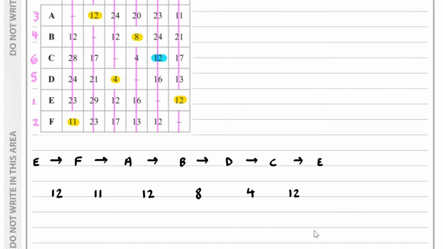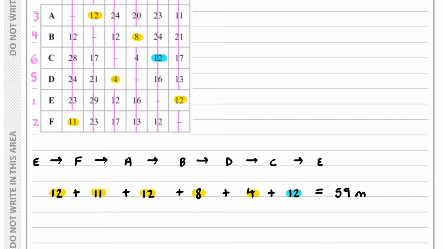So now what we need to do is add these together. And if you work this out, it turns out we get 59 meters. So we add the 12, the 11, the 12, the 8, and the 4, and the 12, we get 59.